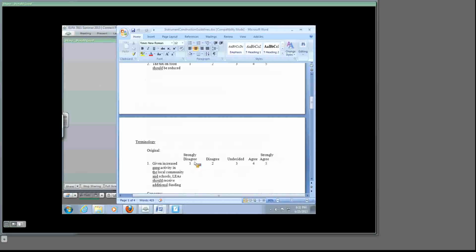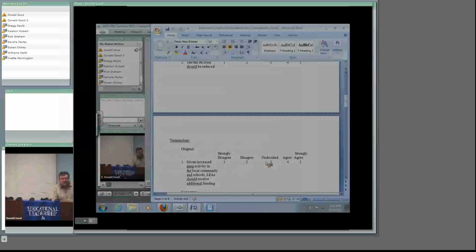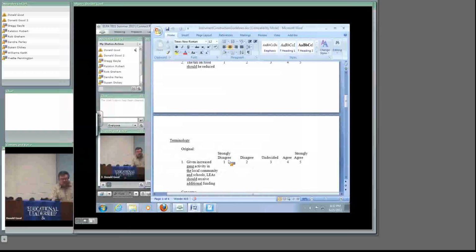Terminology. Make sure your terminology is clear. For example, given increased gang activity in local communities and schools, LEA should receive additional funding. What's an LEA? Say it louder, because you might be right. Local education agency, it might be that.